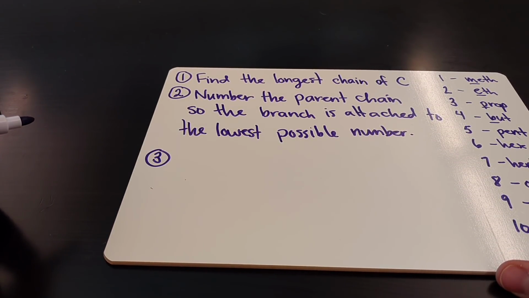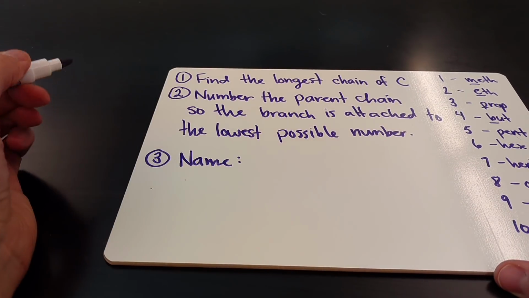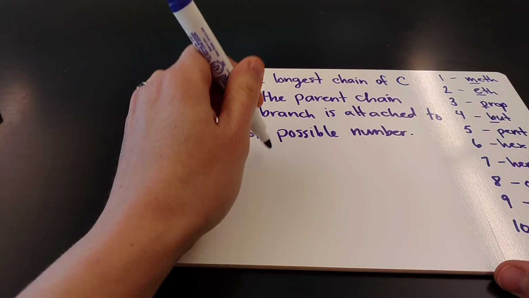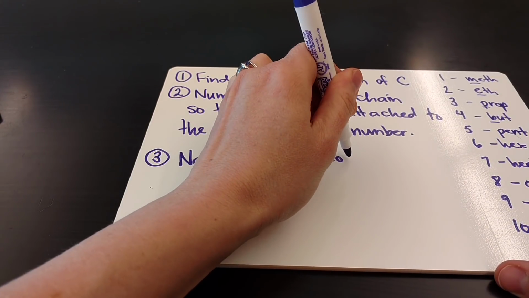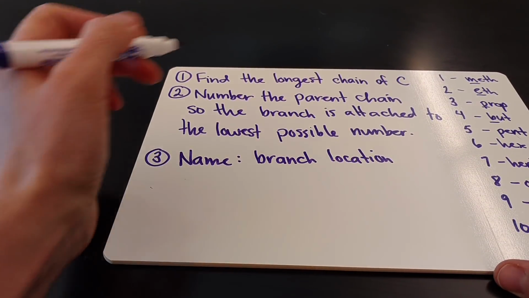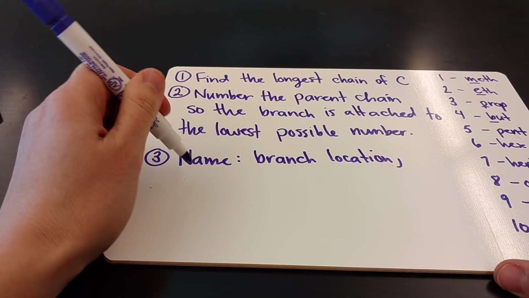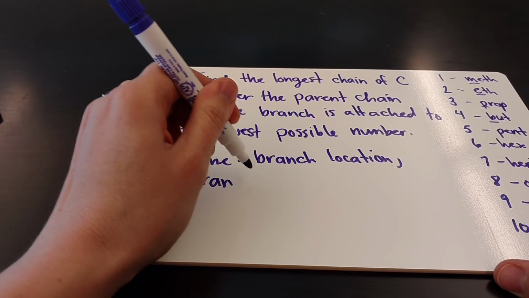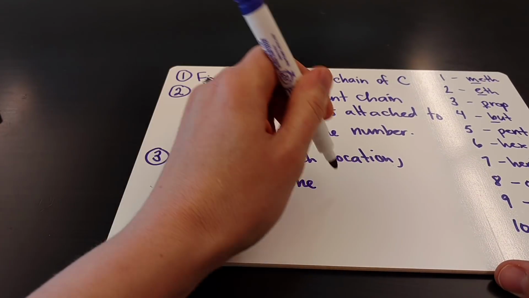Number 3, name, and we're going to list in order here: name the branch location, branch name, and parent name.